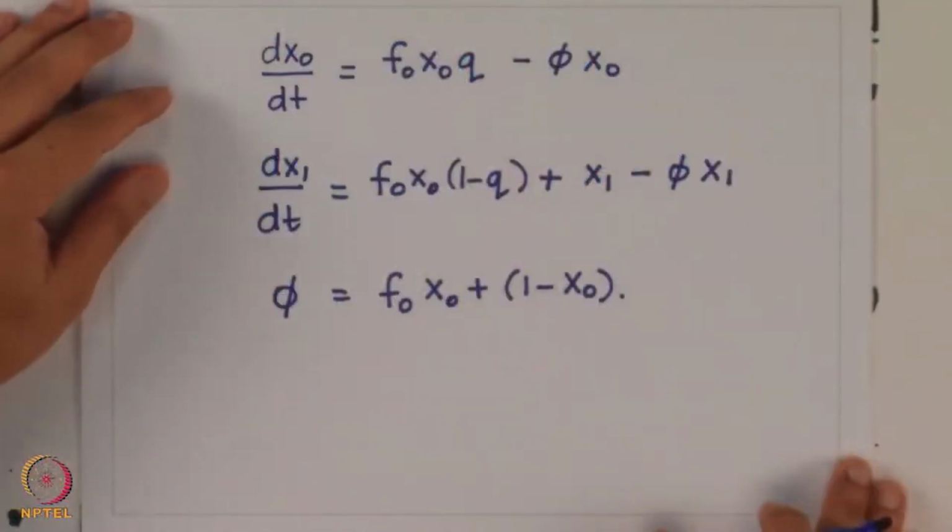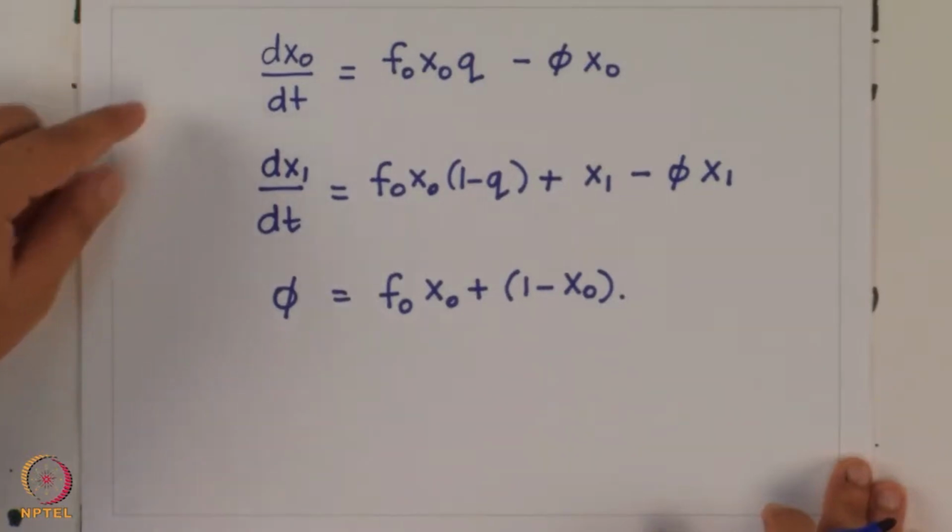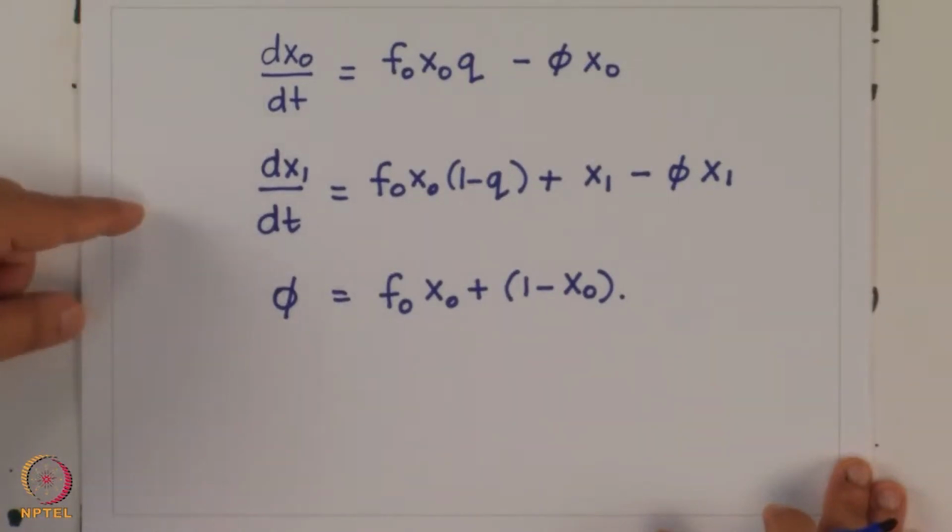So, let us take a look at the equations that we had developed and see how we can get some insights from them. We have two differential equations: dx0 by dt, which represents the rate of change of frequency of the fittest individual, and dx1 by dt, which is the rate of change of frequency of individuals which belong to all other genotypes except the fittest one.